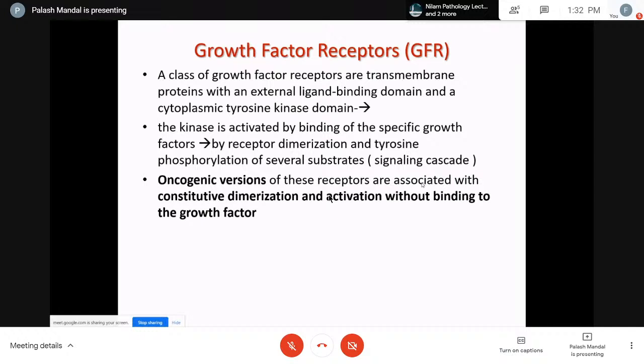Now the oncogenic versions of these receptors are associated with constitutive dimerization and activation without binding to a growth factor. That is the story. Even if there are no growth factors, if these growth factor receptors are mutated, they can lead to self-dimerization, activation and further signaling.